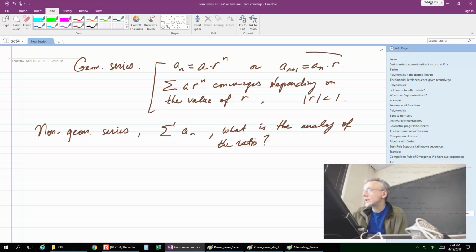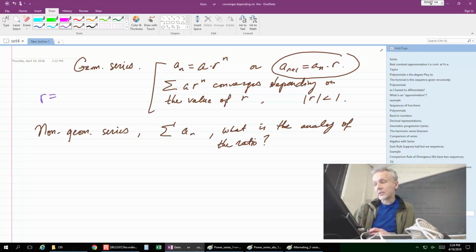And it is visible here. Every time, how do we build the geometric series? We multiply by r every time. So in other words, the ratio has a meaning. It is a_{n+1} over a_n. That's why it's called the ratio.